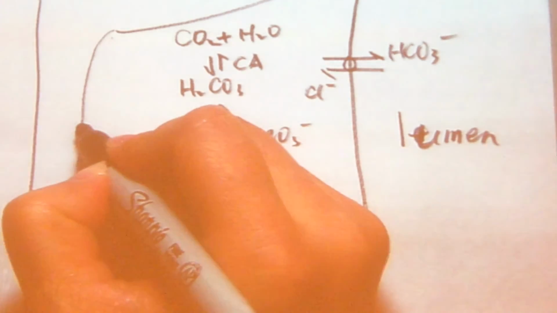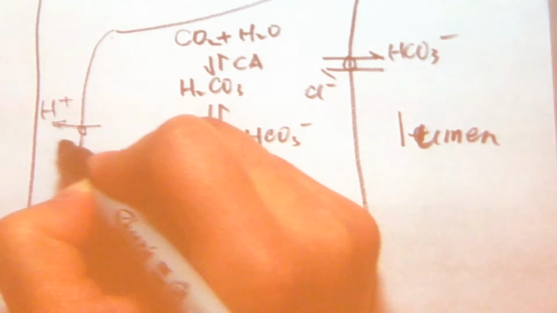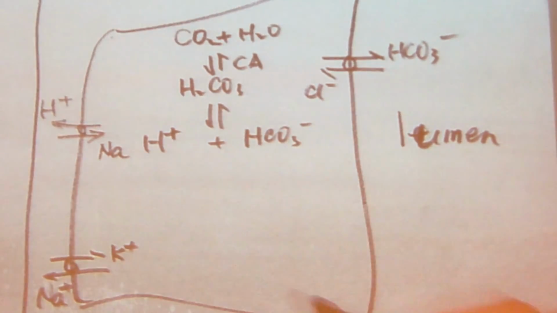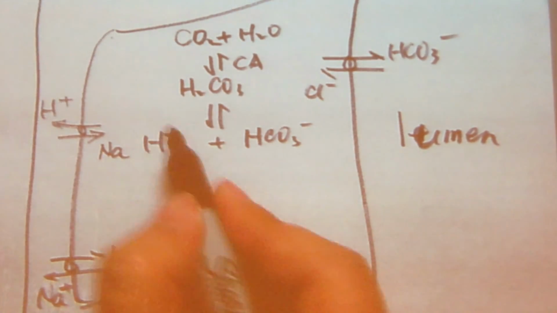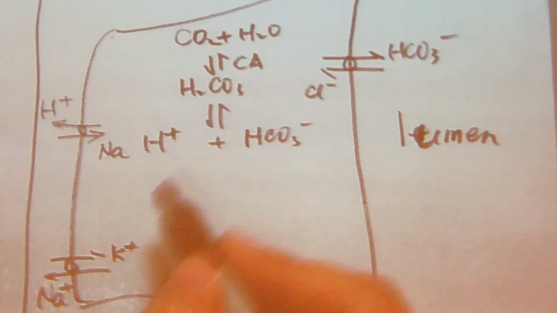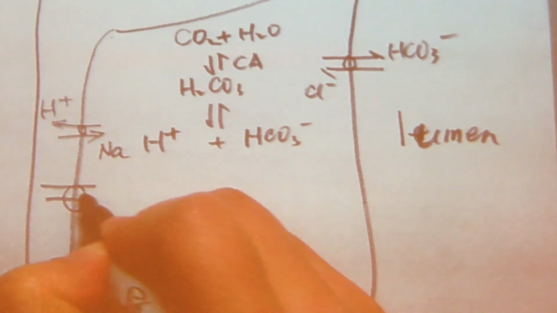For hydrogen ion, you have a sodium and hydrogen ion exchanger. So hydrogen ion will be moved out of the cell into the blood, and the sodium will come in. And you will also have another co-transporter.